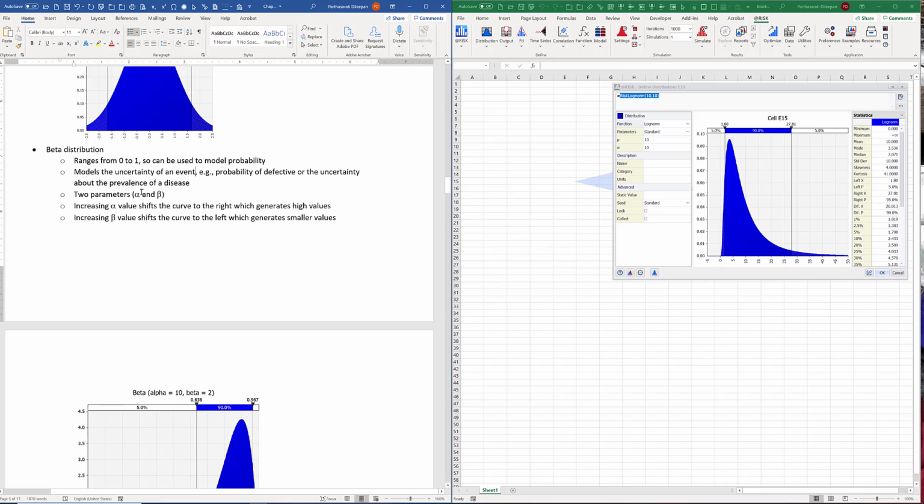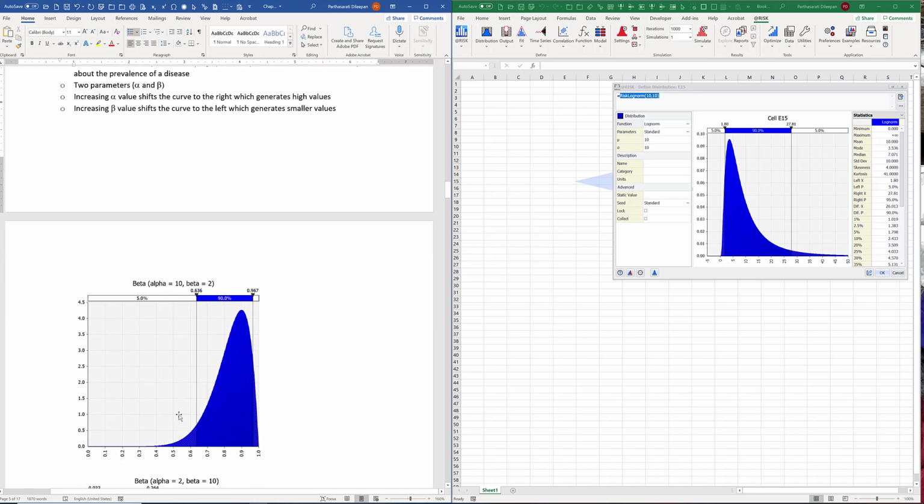And there are two parameters for the beta distribution, alpha and beta. Increasing the alpha shifts the curve to the right, which generates higher values, and increasing the value of beta shifts the curve to the left, so you get more probabilities on the smaller side.